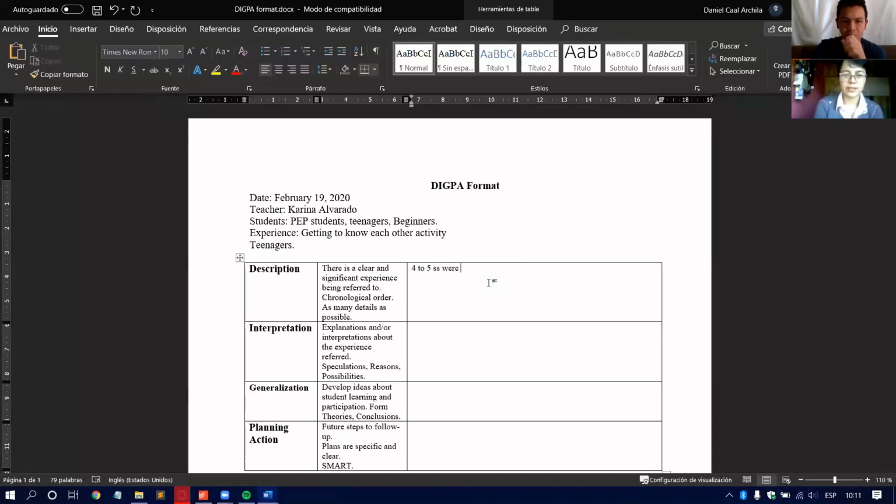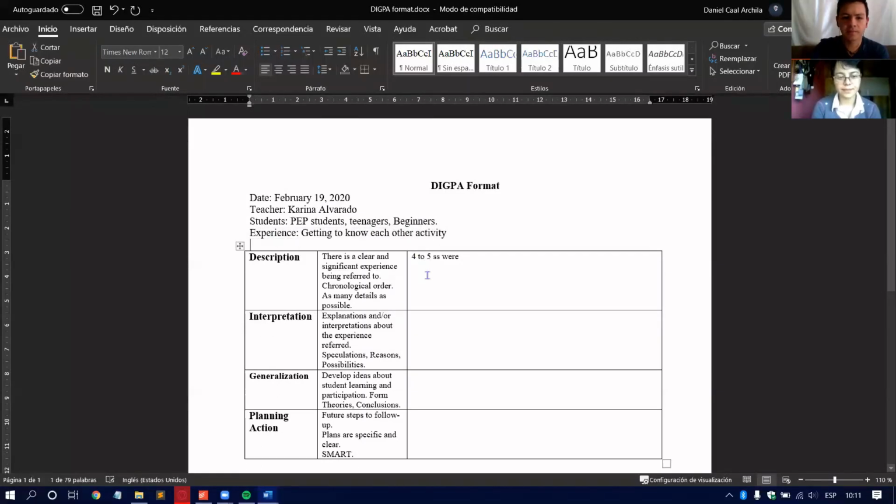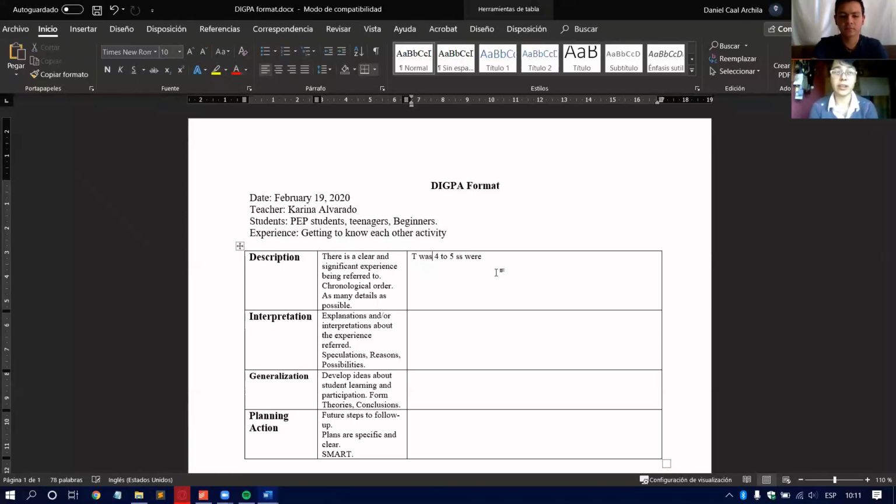Okay, so you already did the description of the experience, right? So I could listen that in the getting to know each other activity, that will be the experience we are analyzing now, right? Okay. What happened there? Well, I was giving them instructions. I was telling them that they needed to put in the center of the page their name, in one corner their favorite sport, and in the other corner their favorite animal, their favorite object in the other one, and in the last one their favorite music or singer.